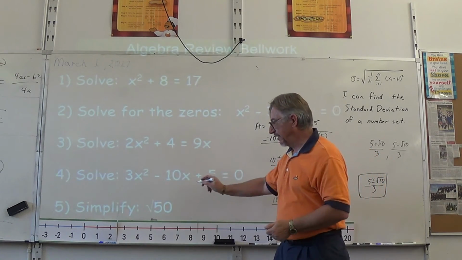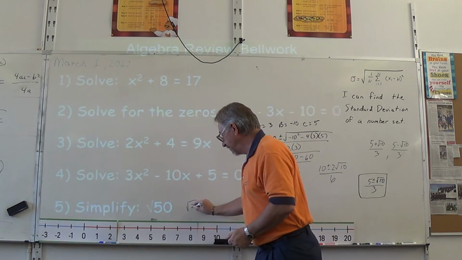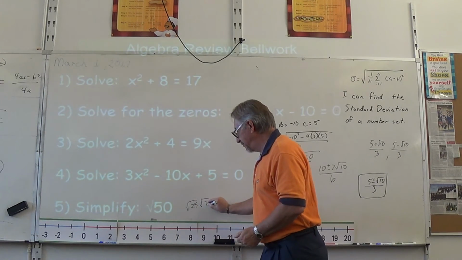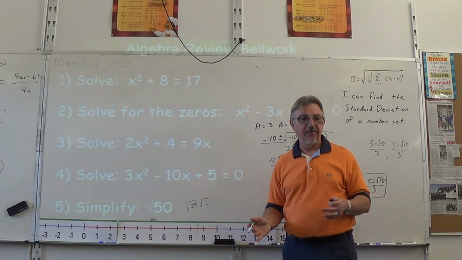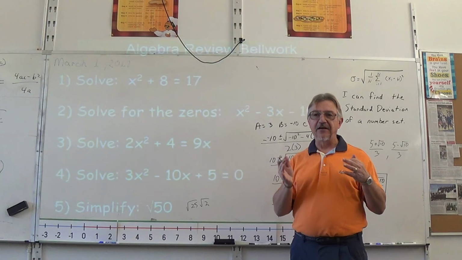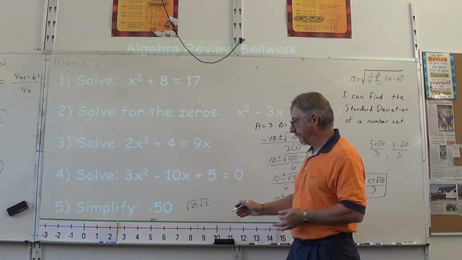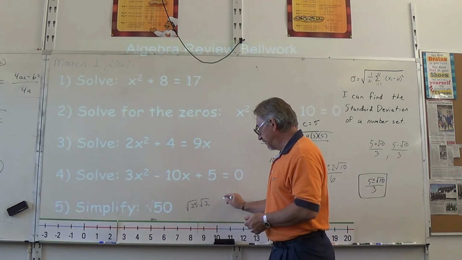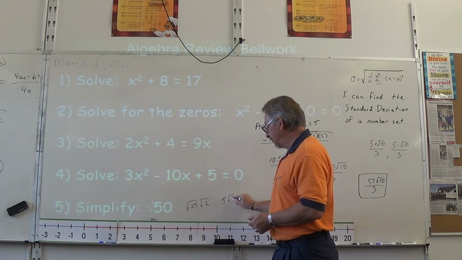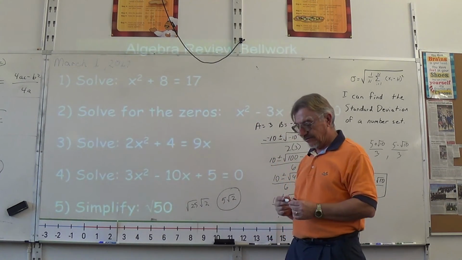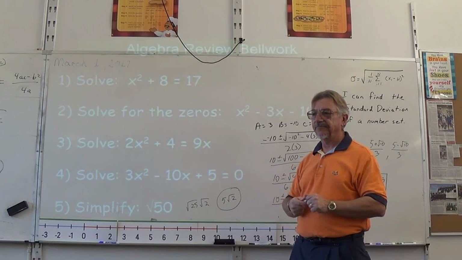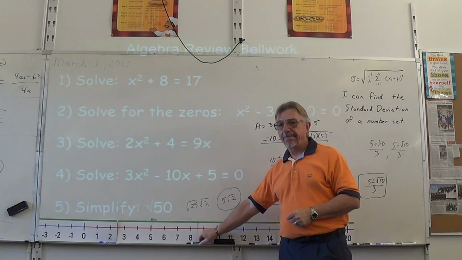The square root of 50 is the square root of 25 times the square root of 2. Remember, see if there's a whole perfect square that goes into it, of which 25 is, and the square root of 25 is 5, so 5 square root of 2 is our answer. If you plug it in the calculator, that's what you get.